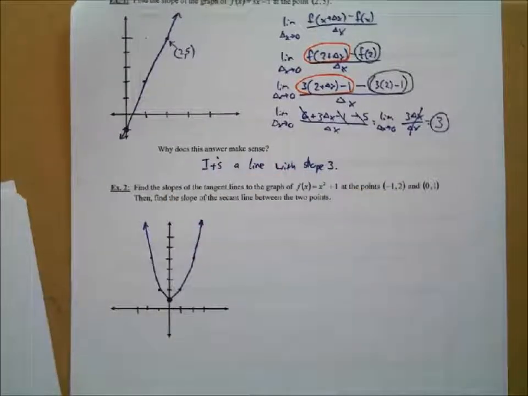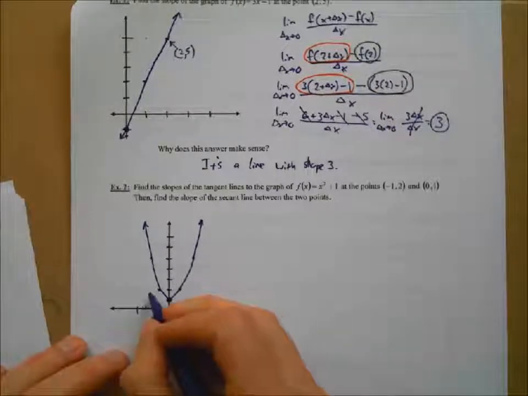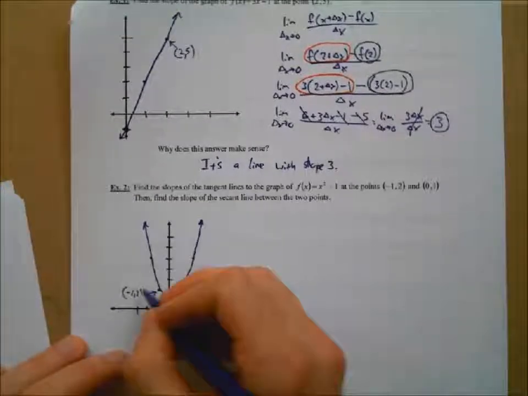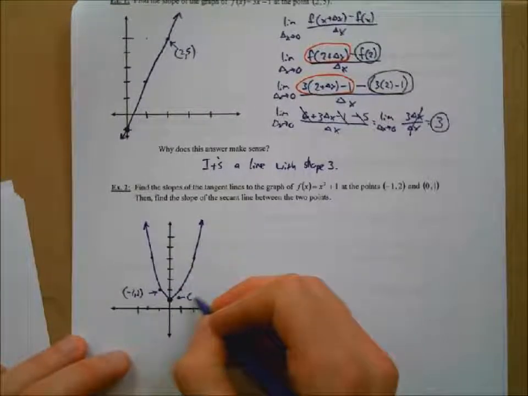So it's our parent function of a parabola, shifted up 1, so there's the graph. Okay, and again, we're going to evaluate the slope at 2 points. We're going to do it at negative 1, 2. And then also at 0, 1.